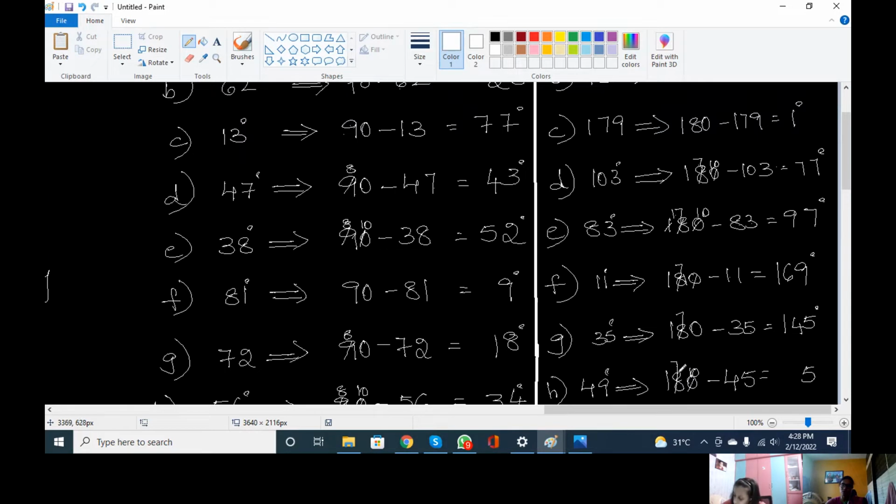Borrowed 8, here. 7 minus 4 will be 3. Then 1 is as it is. So 131 degrees is the supplementary angle for 49 degrees. Okay?